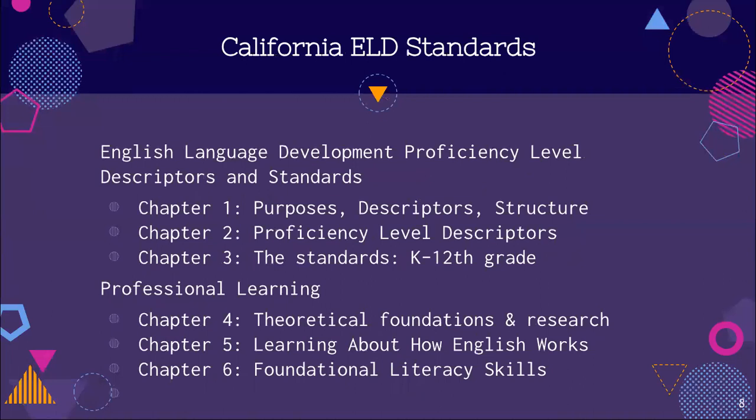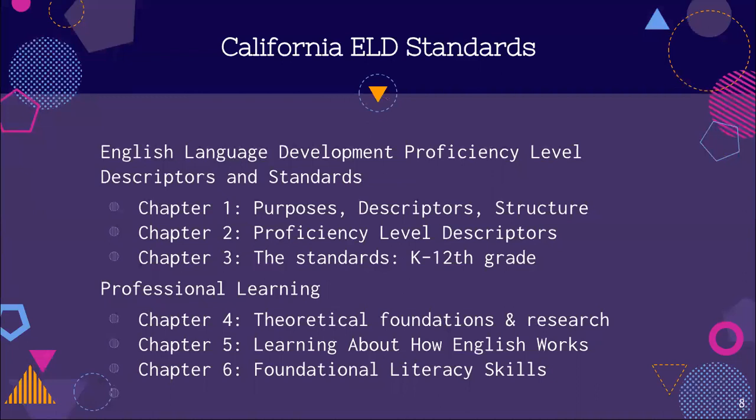So the California ELD standards are laid out in this fashion. Chapter 1, the first section focuses on the standards, proficiency level descriptors and standards. So Chapter 1 provides us purposes, descriptors, and the structure. And Chapter 2 describes what those proficiency levels are.